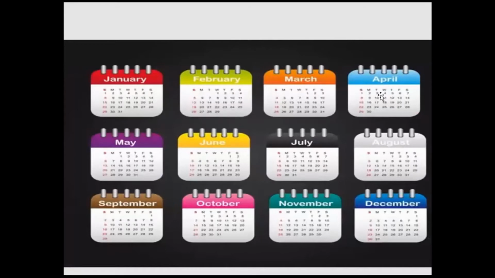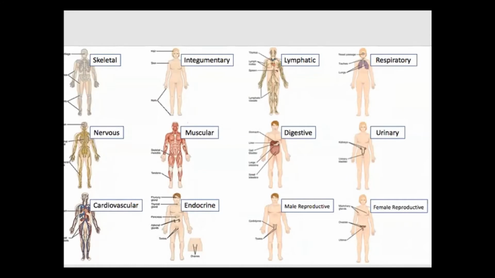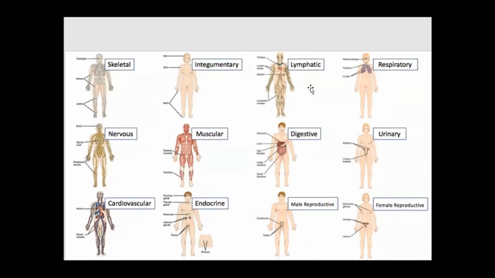Yes, 12 systems, but maybe some student will ask: Jana, what system is absent in this picture? Find the place in the picture. What system is absent?